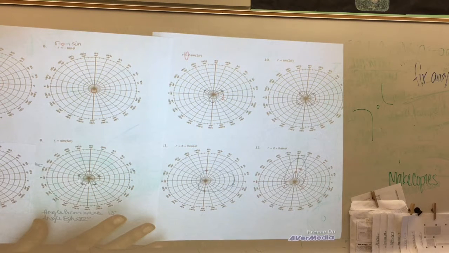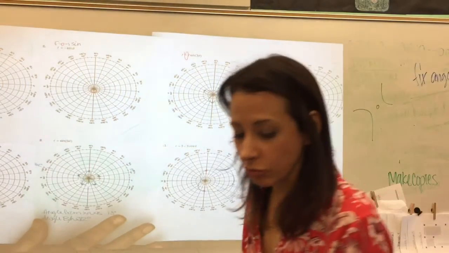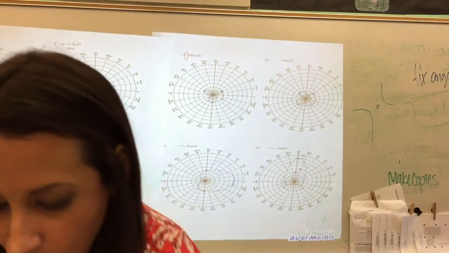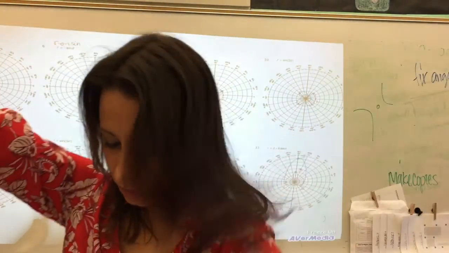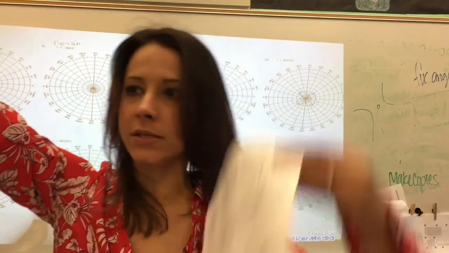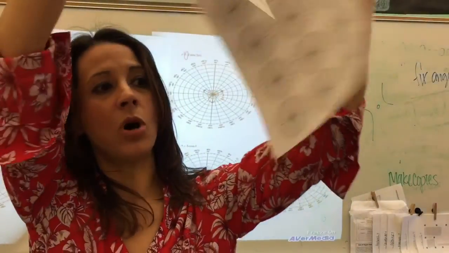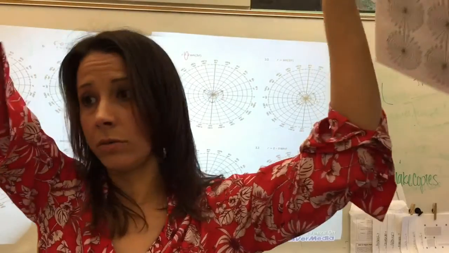All right, so we're going to start off with AVID notes this morning. I'm going to be using problems from worksheet 5, but because it's several different graphs, I'm going to take an AVID note sheet, take one of these, cut these out and put them onto my AVID notes, okay?